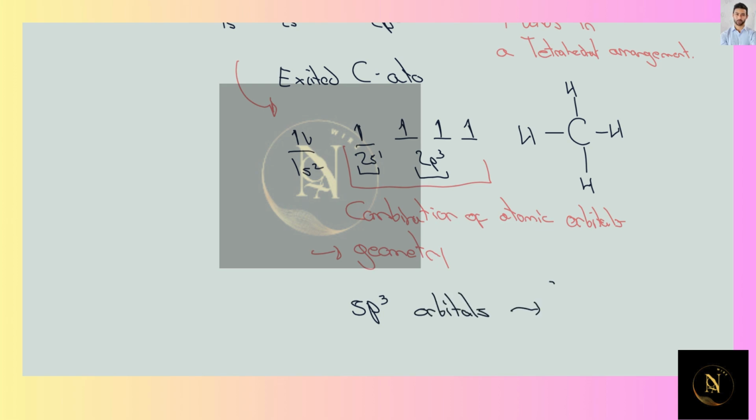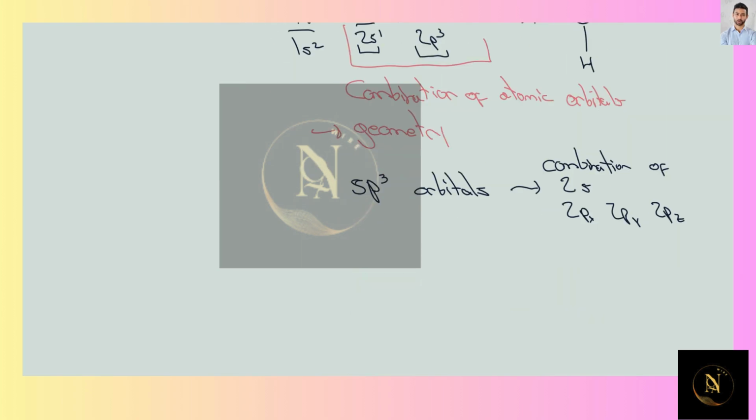That are combinations of the 2s orbital and the 3 different 2p orbitals, 2px, 2py, and 2pz orbitals. And these mixed orbitals are going to have the corresponding space for that sp3 orbitals. We're going to have 4 of them.